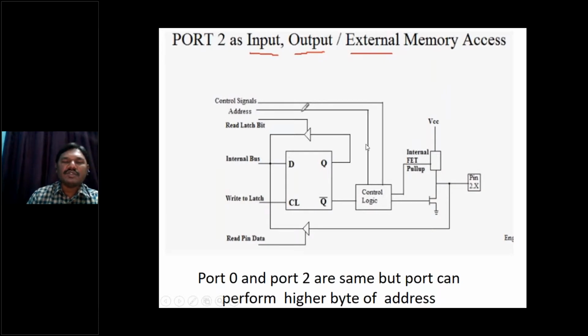So this is one line and this is one more line, two are inputs, and this is the control line or selection line. It can select this memory or it can select this input from the internally available address bus. Okay, so that is the only difference between port 0 and port 2.